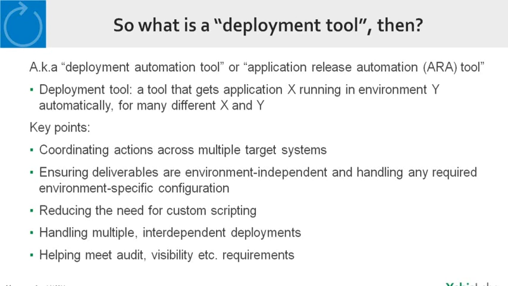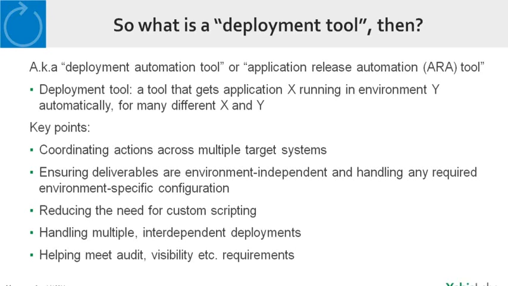So some key points about deployment automation tools that I certainly think are worth bearing in mind if you're considering these, and how to characterize them. The first is that what they're doing really is coordinating actions across multiple target systems.